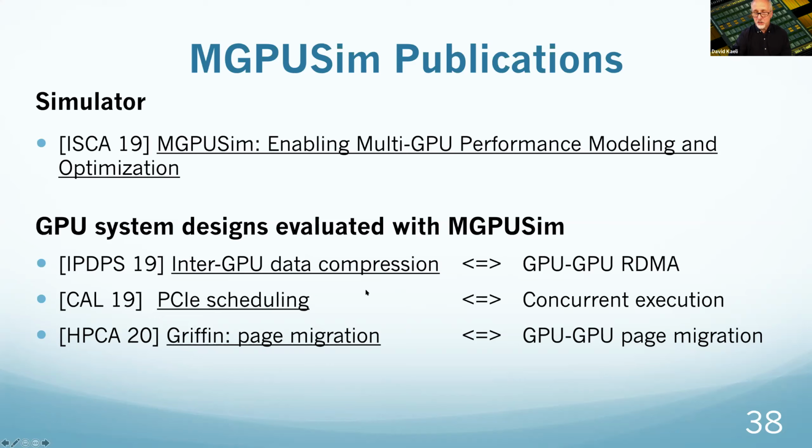If you want to look at concurrent execution, we have a CAL paper in 2019 on PCIe scheduling. In terms of GPU to GPU page migration, we have work that appeared in HPCA 2020, this year's HPCA, and we just received notice that we have a related paper on page management and TLB management that's going to be in PACT 2020. And again, it uses this framework.